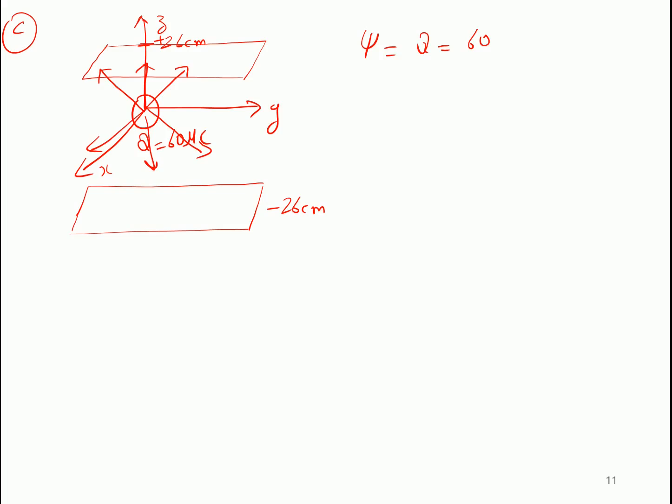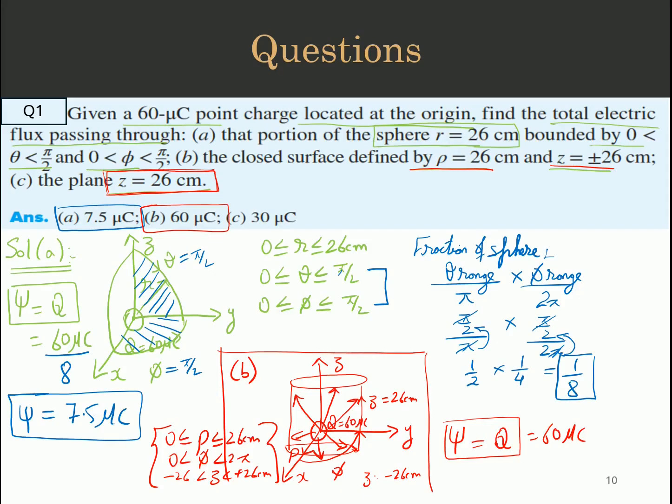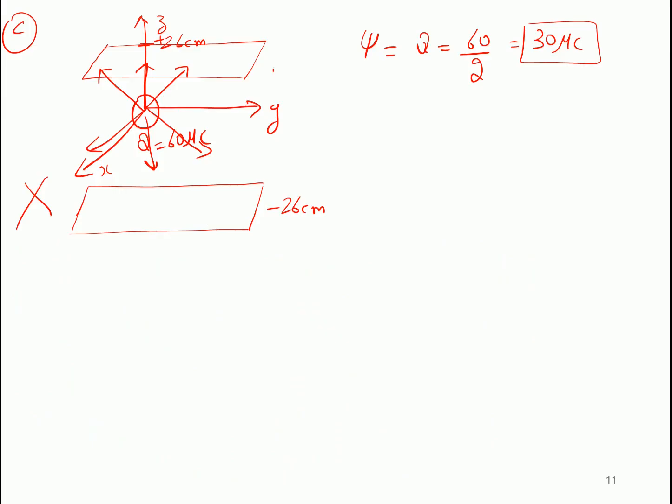Since we are not interested in the negative z-axis, only half of the flux lines count, so the total electric flux will be 30 microcoulomb, because only half of the lines are propagating in the upward direction at 26 centimeter for the z-axis. So this is the solution to the third part of the problem.